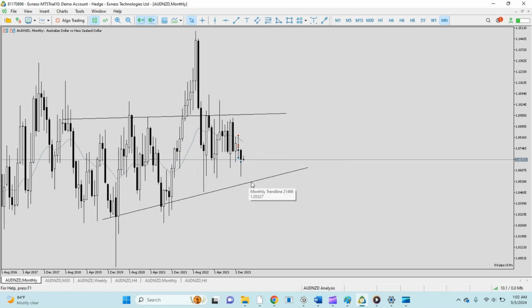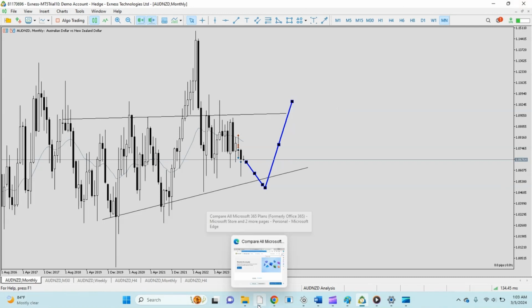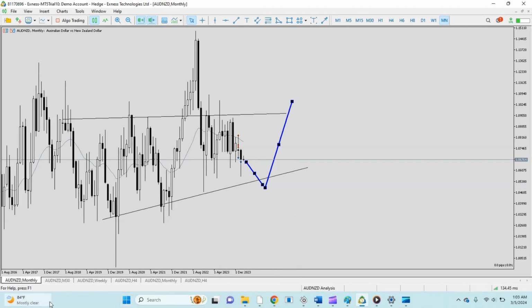So we are to wait for price to come down before we enter. We're anticipating price to come down to this trend line, then move up. It will take time. 80% of the time you are going to be waiting for price to approach your area of interest or point of interest.